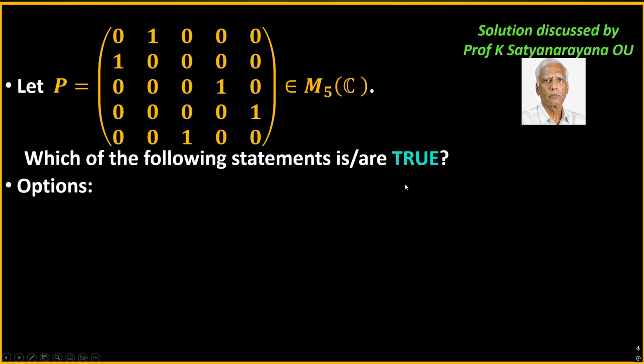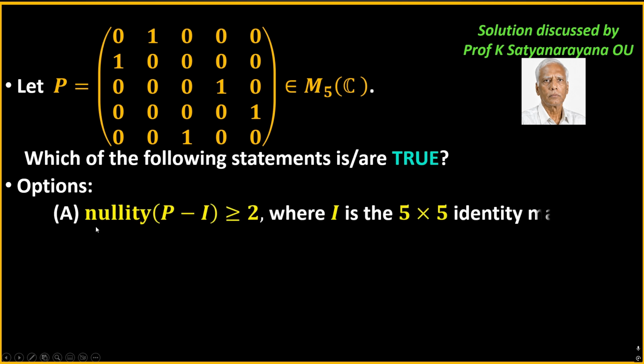It is a multiple select question. There may be more than one answer and you have to identify all the true statements. We are given 4 options. Option A, the nullity of the matrix P minus I is greater than or equal to 2, where I is the 5 by 5 identity matrix.